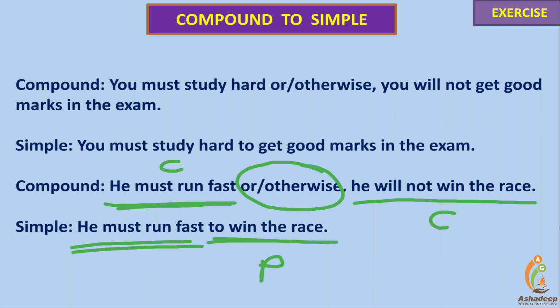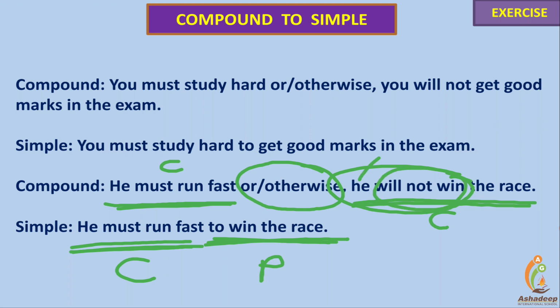It's the phrase. Here, he will not win the race. To win the race, to get this result, he must run fast. Now the first one is a clause and the later one has been converted by removing "he", the subject, and "will not win", the finite verb, and has been converted into an infinitive, to win. So friends, he must run fast to win the race.